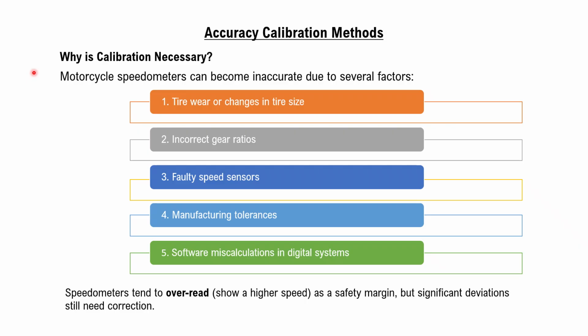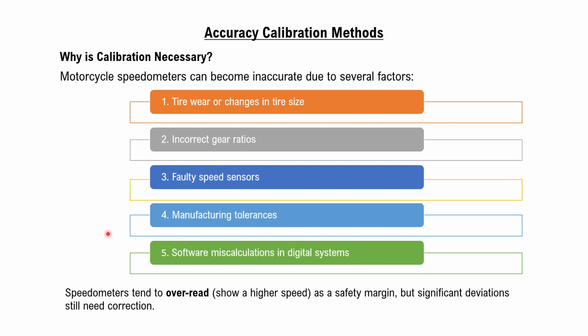Why is calibration necessary? Because speedometers can become inaccurate due to several factors. Number one, tire wear or changes in the tire size. Number two, incorrect gear ratios. Number three, faulty speed sensors, especially in the case of digital speedometers.